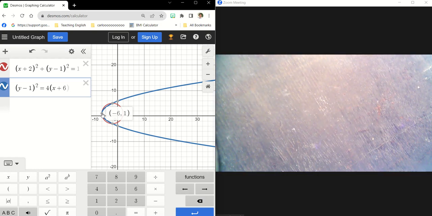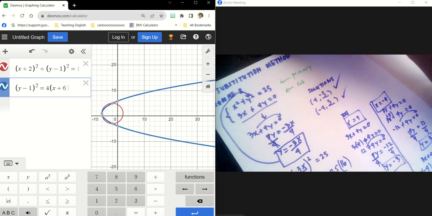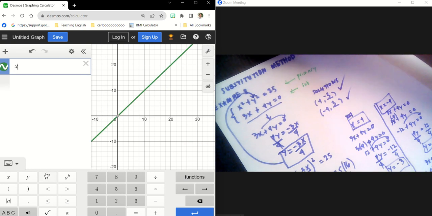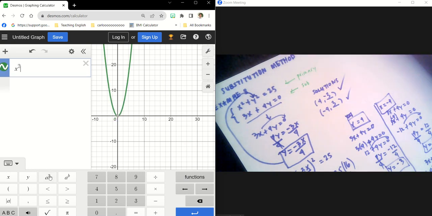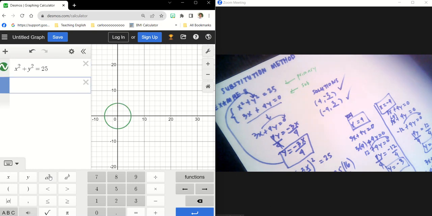How about the last example? Let me type it in. You have x squared plus y squared equals 25, and the other is 3x plus 4y equals 0.